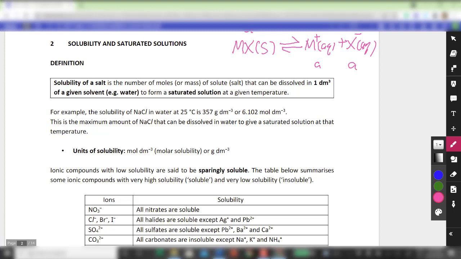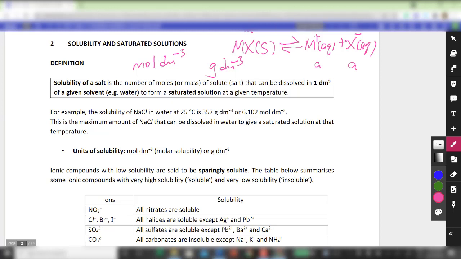If it's indicated to be something else, it will be indicated somewhere in the table or in the information. Usually solubility is quoted either in terms of moles per dm cube, or in terms of grams per dm cube of the solvent.